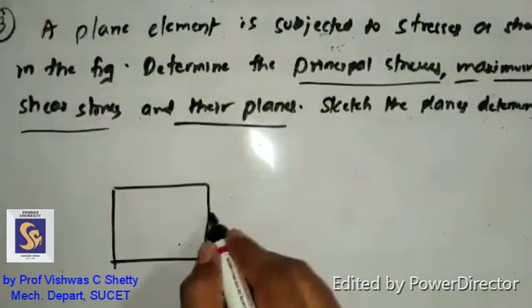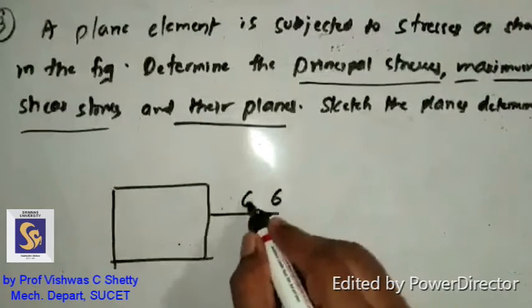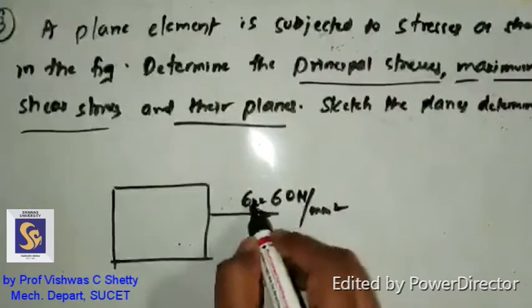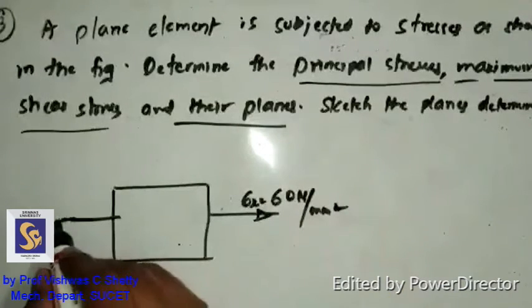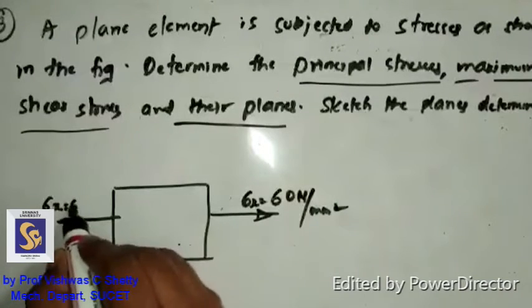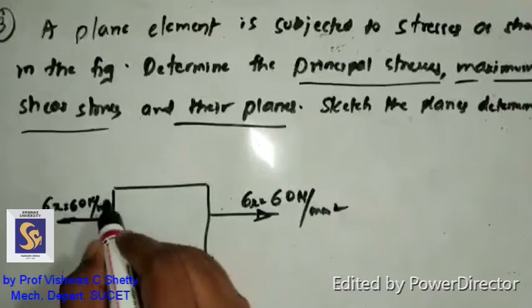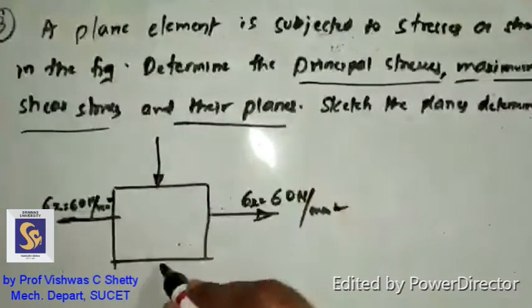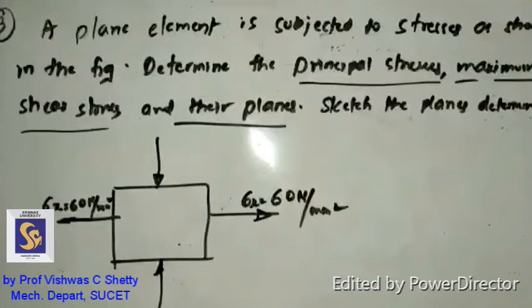Sigma x is tensile, 60 Newton per millimeter square. Sigma y is compressive.